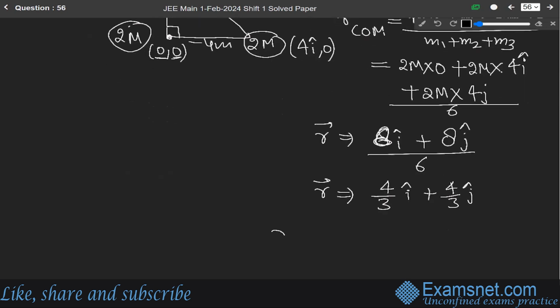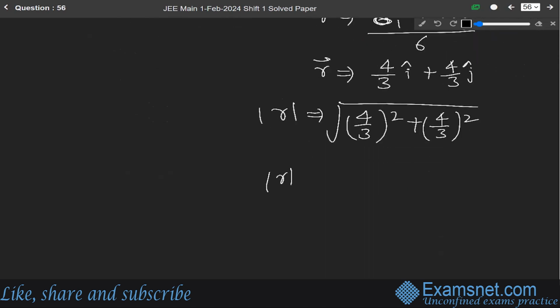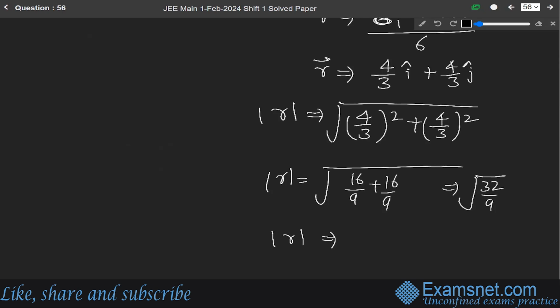Now, taking its magnitude, we get r equals under root of (4 by 3) whole square plus (4 by 3) whole square. So it will be equal to under root of 16 over 9 plus 16 over 9, means under root of 32 over 9. So r will be equal to 4 root 2 over 3.